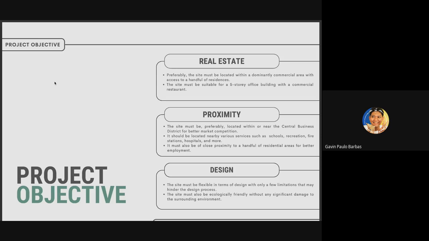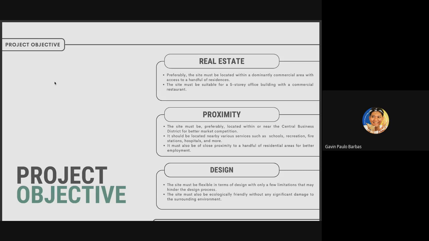And residences would be better in terms of employment, since the place you would be living in would be close to where you work. The site must also be suitable for a 5-story office building with a commercial restaurant. Then in terms of proximity, it should be located within or near the central business district for better market competition, and near a handful of residences for better employment.